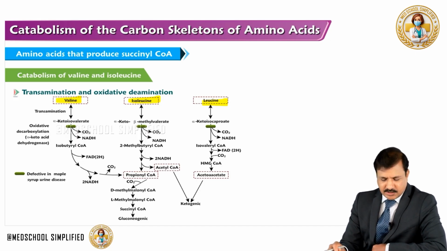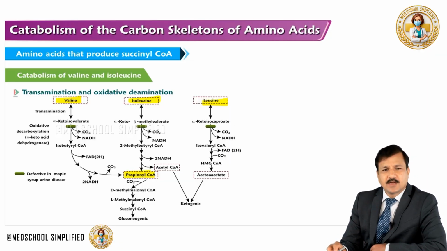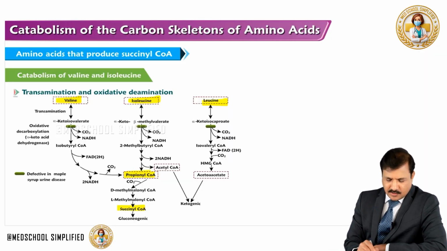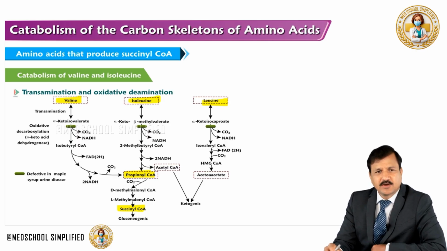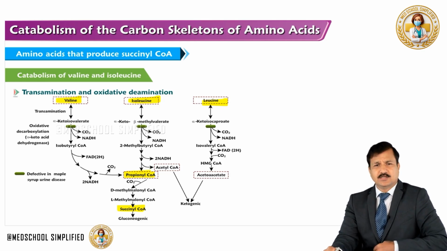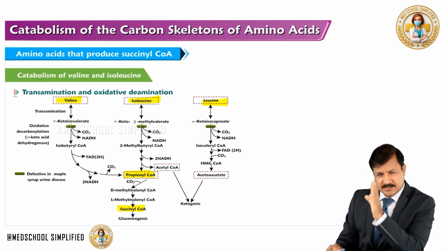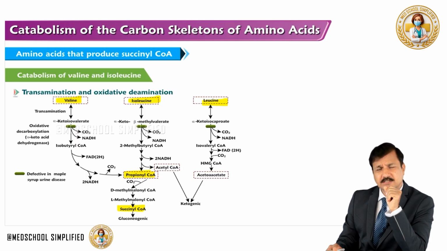Valine and isoleucine will make propionyl-CoA, and propionyl-CoA will go into succinyl-CoA formation, which I have already explained to you. Even leucine, which we have already seen in the amino acids that make acetyl-CoA or acetoacetate. In that particular lecture, I have explained leucine.